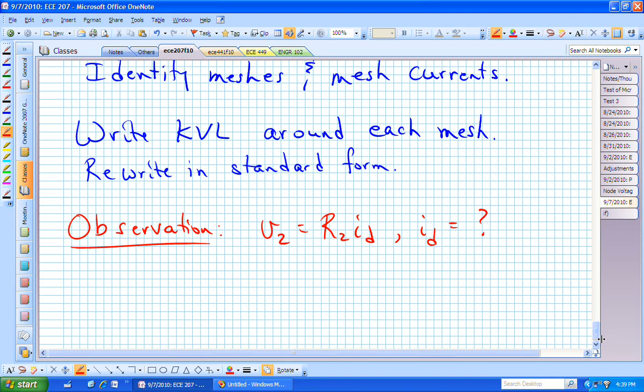We want to write all of these voltage drops in terms of these mesh currents. For this case, we can convince ourselves, hopefully, if it wasn't clear before, if we do a KCL at B, I had I sub d going down into B. Is that true?